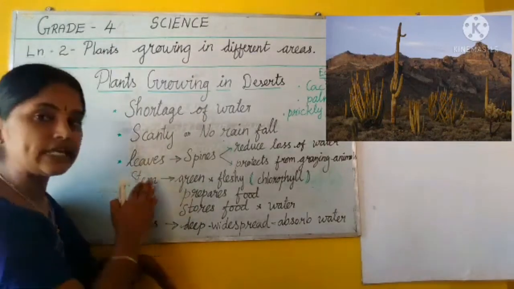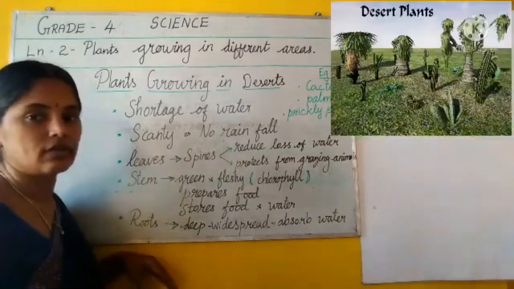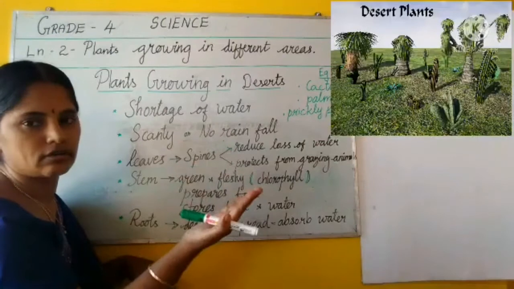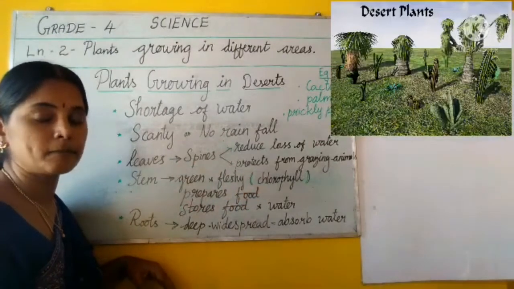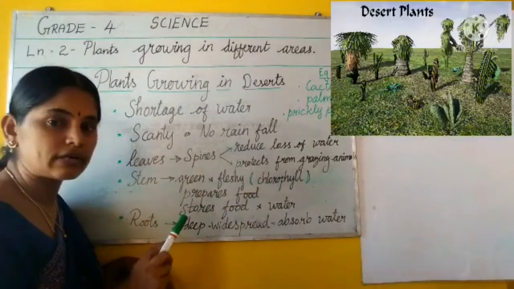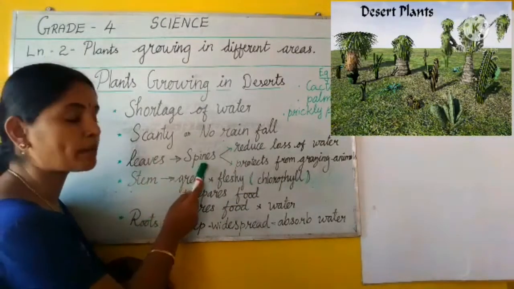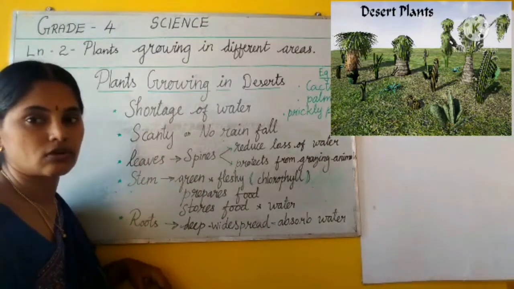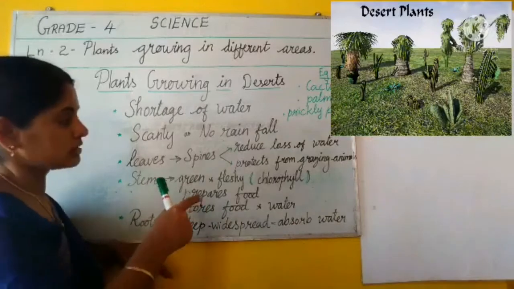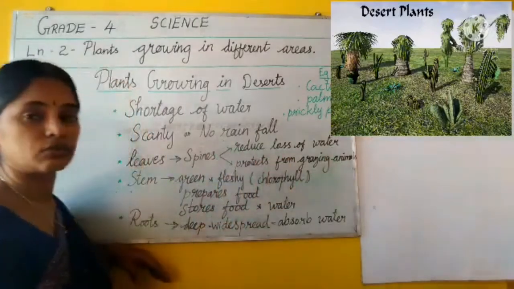See, the leaves. Here the leaves are broad leaves we have in plain region, no? But the desert plants don't have broad leaves. The leaves are spines. Spines are like thorns, to reduce loss of water.